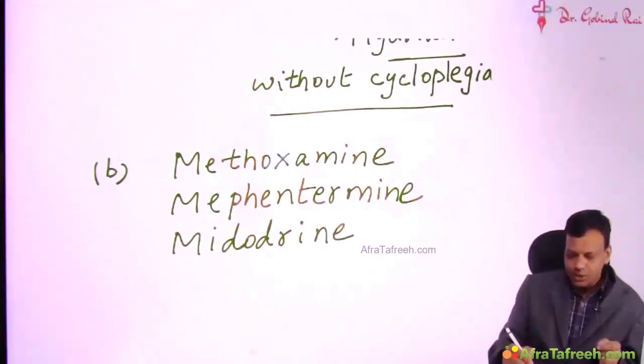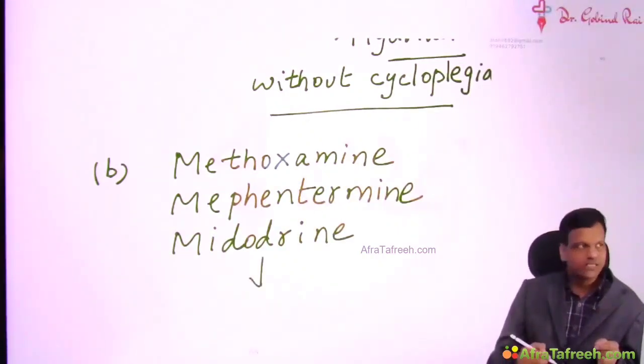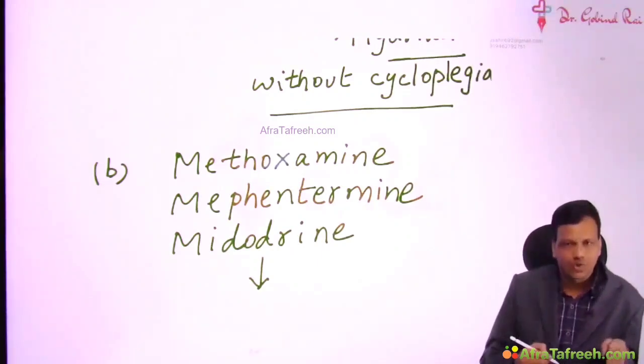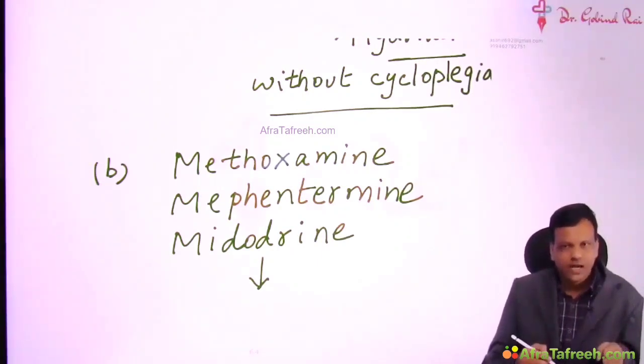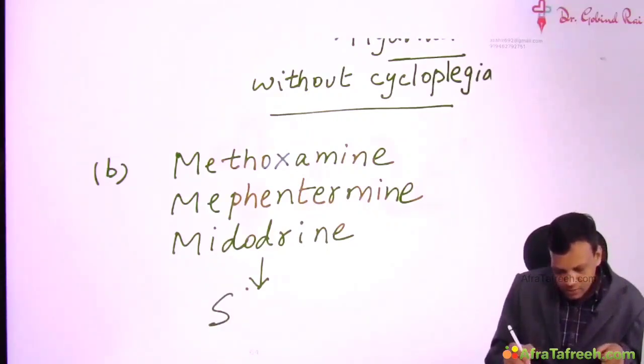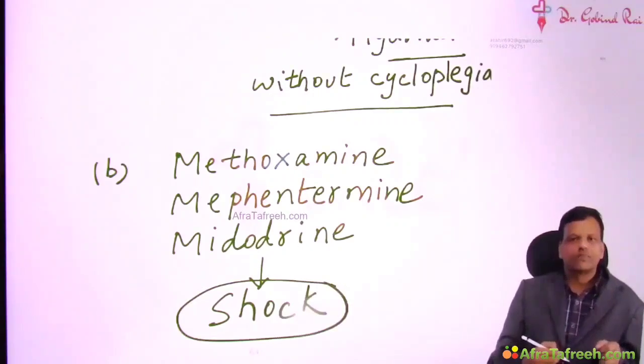These drugs are mainly used for their effect on the blood vessels. And what is the effect of alpha-1 on the blood vessel? It causes vasoconstriction, so BP will increase. And in which condition would we like to increase BP? We would like to increase BP in hypotension or shock. So these drugs are used for treatment of shock or hypotension.